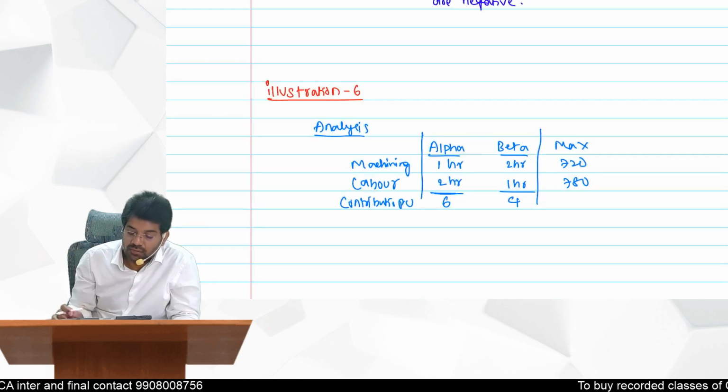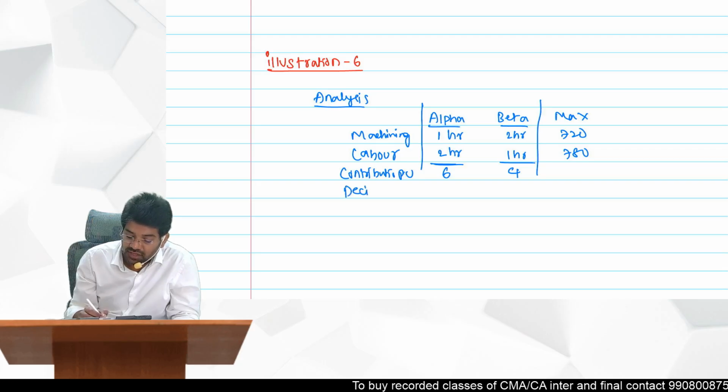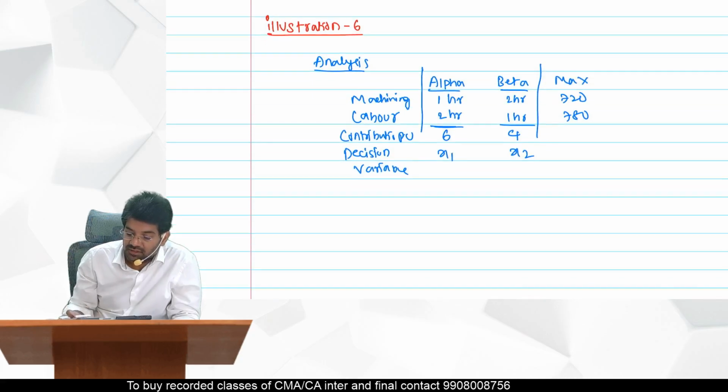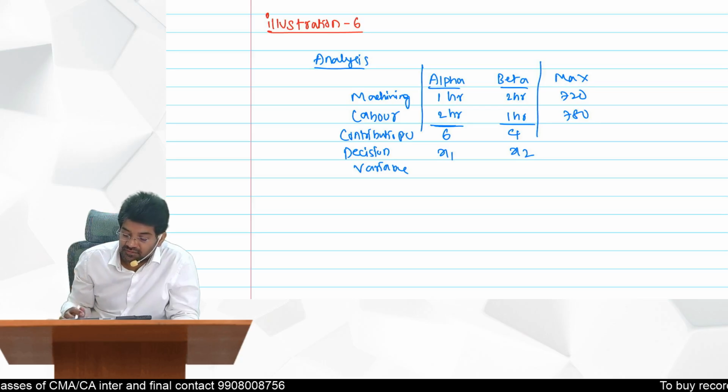So now how many units of alpha and beta we should take? Now let us assume this as x1. So decision variables is, we will assume this as x1, this one as x2. What is the one more condition we have is, alpha how many we should produce?